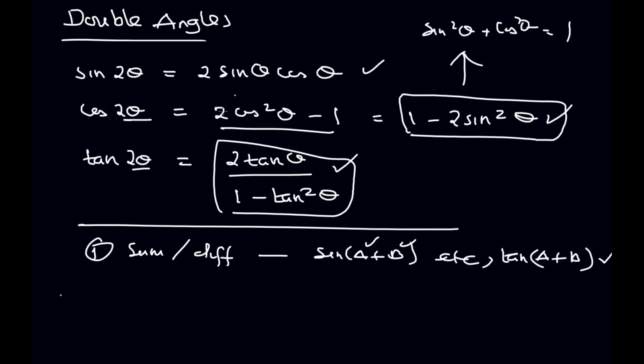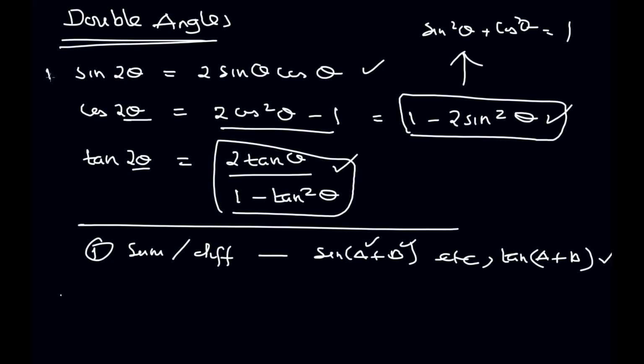If you insert it here, meaning that you are inserting cos squared theta as 1 minus sine squared theta, it will give you this one. So this is how you actually go about working with the double angles.